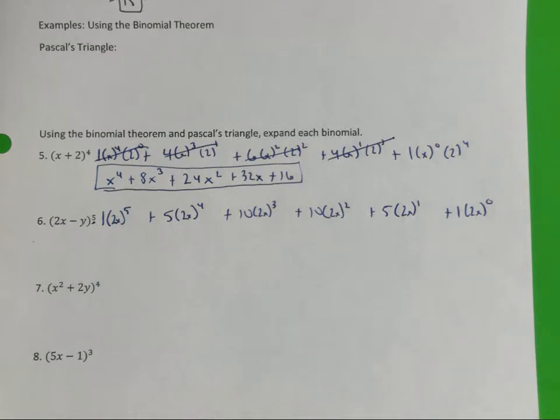Now, my next question to you is this. Would you think I would need to plug in y or negative y? Negative y. You will take that negative y and plug it in as negative y. Do I start with 5 or 0? 0. Very good.